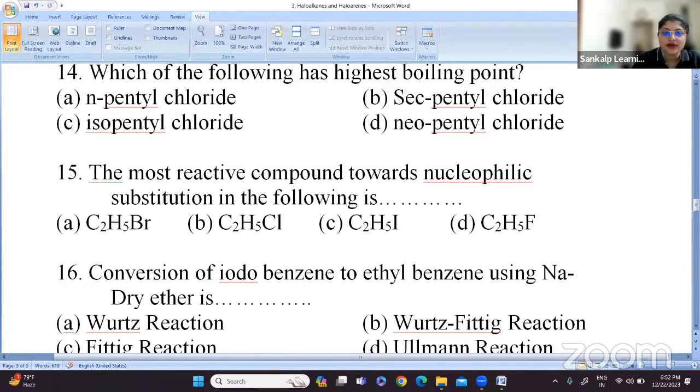The most reactive compound towards nucleophilic substitution in the following is ethyl bromide, ethyl chloride, ethyl iodide, or ethyl fluoride.